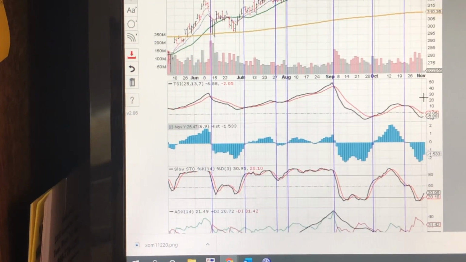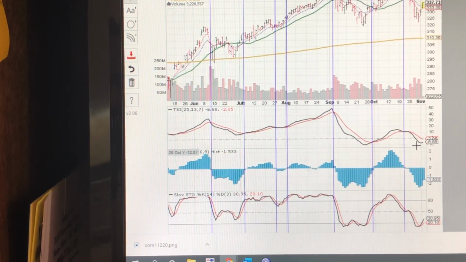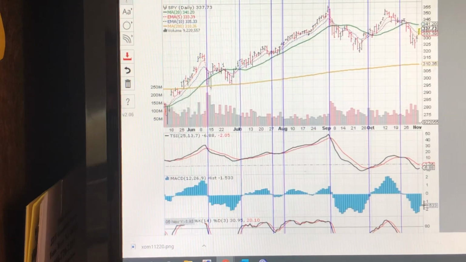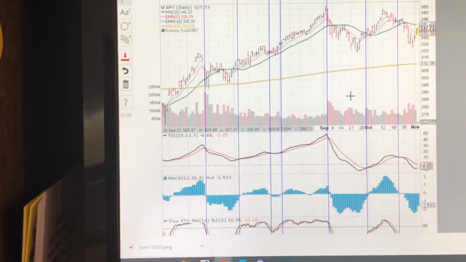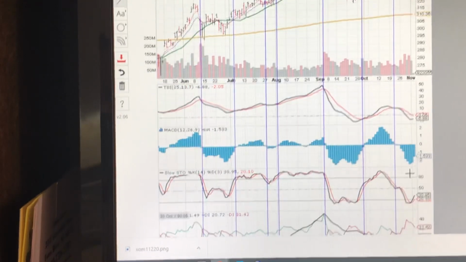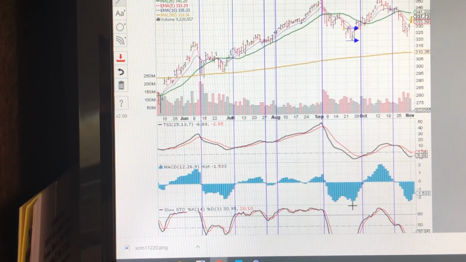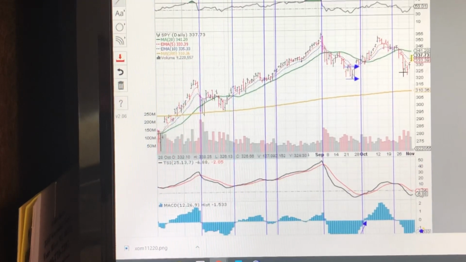Have they crossed yet? No. Where is the momentum to the downside? Momentum has changed, right? So remember what we talked about on getting long. What am I looking for? I'm looking for a box or a base, right? Price to go sideways. And I'm looking for the MACD to go the other way. And we're seeing that.